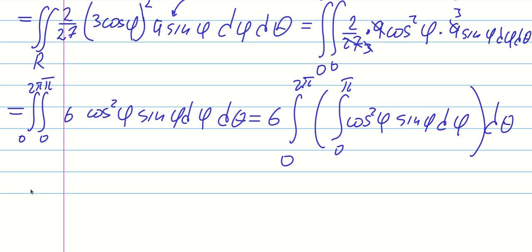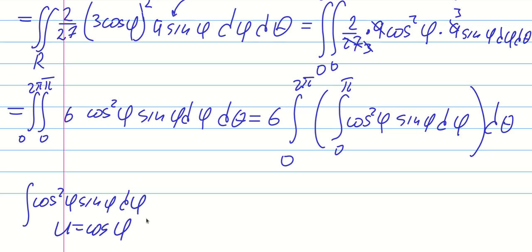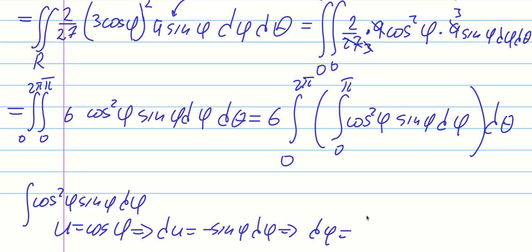The integral of cosine squared of phi sine of phi d phi, and u will be the cosine of phi, and this tells you that du is equal to negative sine of phi d phi, which implies that if we solve for d phi, we get du over negative sine of phi.